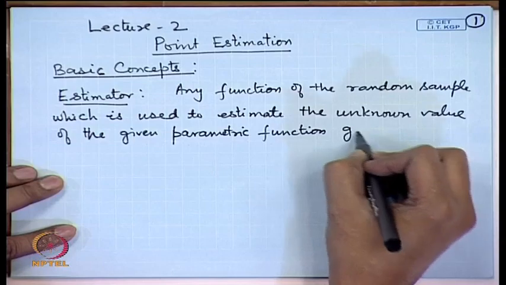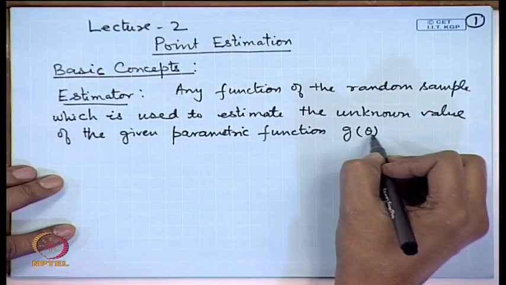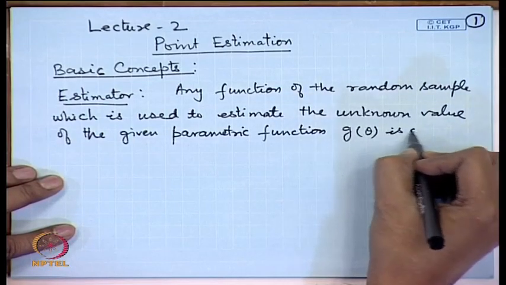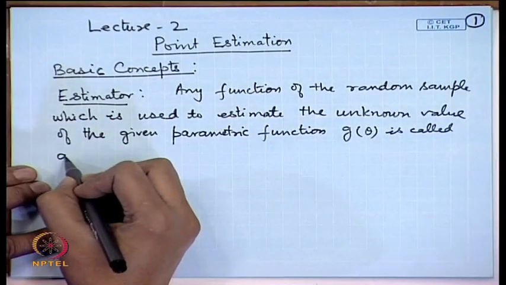So, suppose we say parameter theta and we may consider a parametric function g theta, then this is called an estimator.